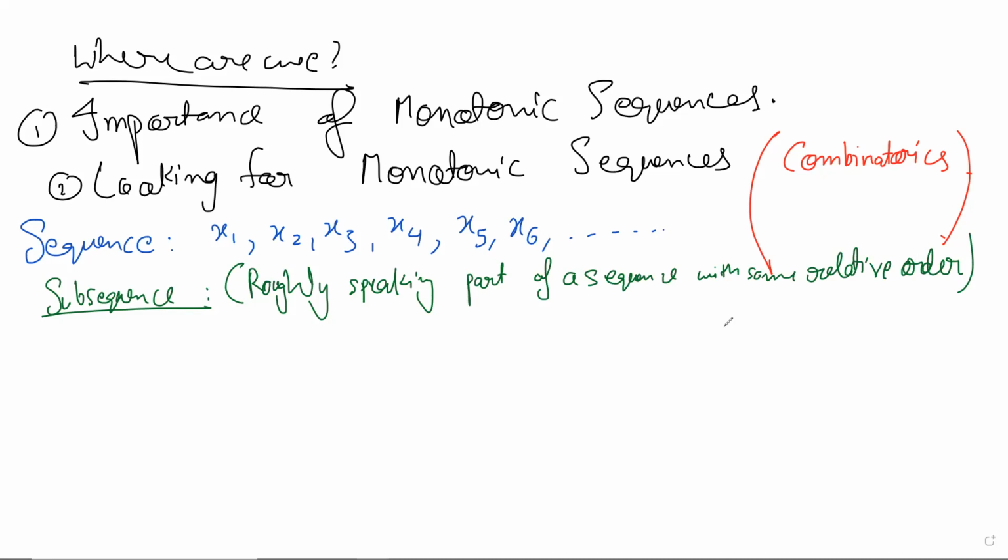A part of a sequence with the same relative order. So what should be the formal definition? The formal definition basically means that you take a part of the sequence. You take i1, the first term in our part, i2 is the second term in our part, and then we have i3, i4, and so on.